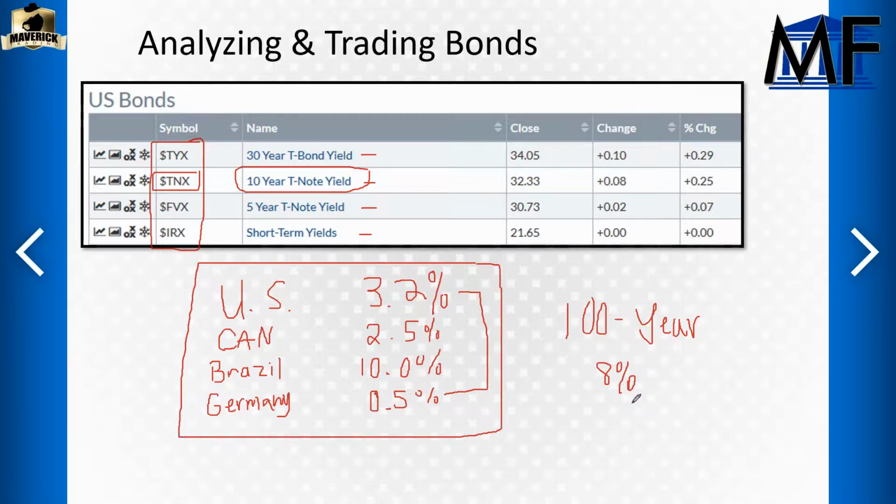Argentina had defaulted on their bonds something like 4 times in the last 15 years or some high number, right? They don't have a great track record. Well, they just defaulted again. So they came out with these 100-year bonds, and guess what?